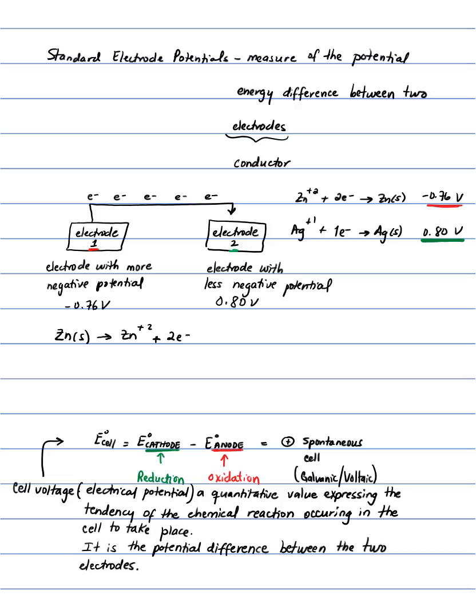So on the right side of your diagram, we have the silver. Now the reaction that you have for the silver is already a reduction reaction, where you have silver plus 1 gaining 1 electron to give you silver solid.